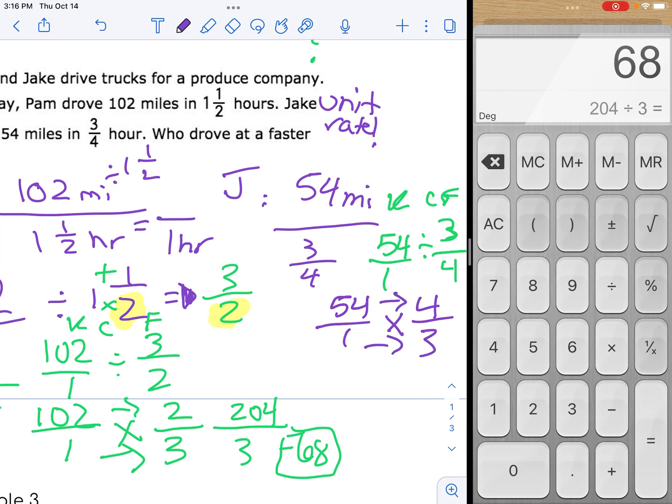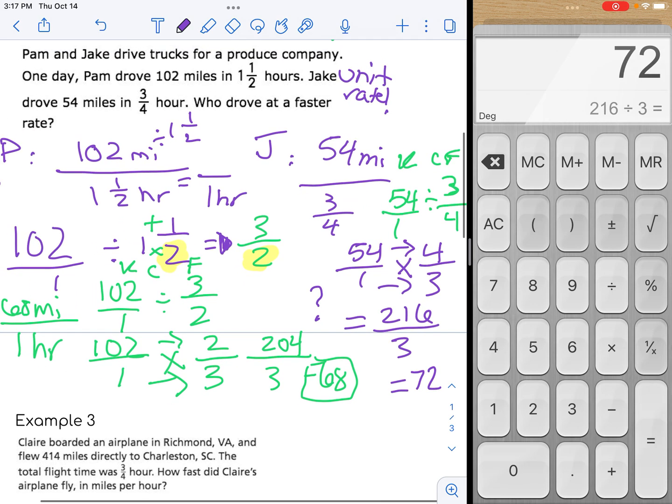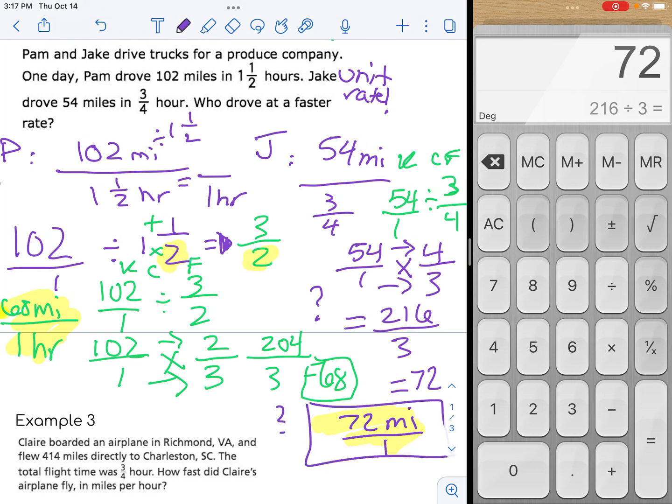Top times top, bottom times bottom. 54 times 4 is 216. 1 times 3 is 3. What is 216 divided by 3? It is 72. So Jake is driving 72 miles in 1 hour. So looking at Pam, 68 miles in 1 hour versus Jake, 72 miles in 1 hour, who is driving faster? Jake is driving faster because he is going farther in just 1 hour.